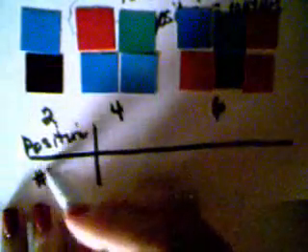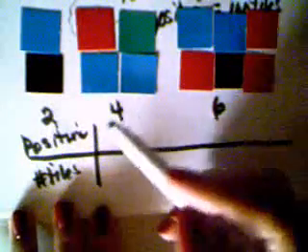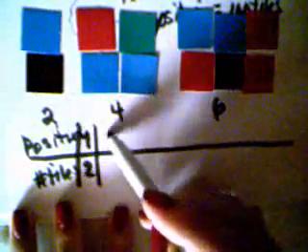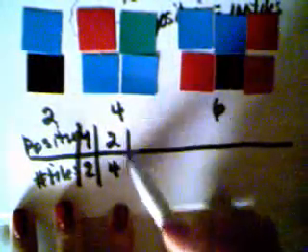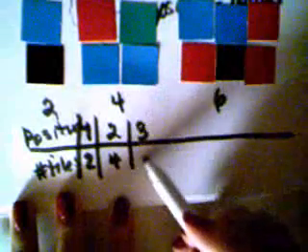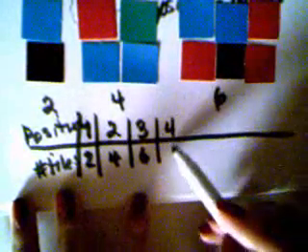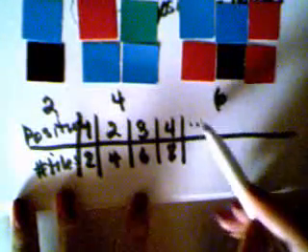So if I take the position and the number of tiles, I know that in the first position there are 2 tiles, in the second position there are 4, in the third position there are 6, in the fourth position there are 8.